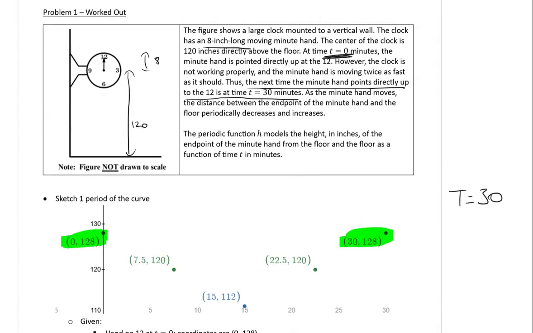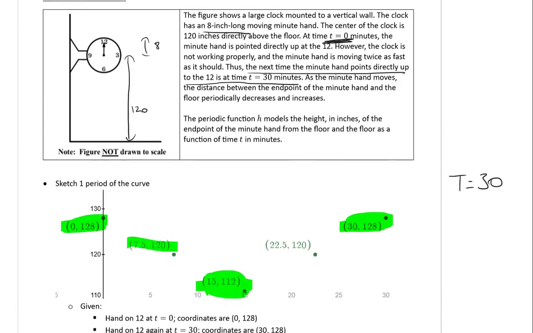And again, I'm going over this slowly because I'm showing you how to think through these, okay? And then these mids: this one is when it's at 3, this one is when it's at 9, okay? So the height is at 120. It's equal to the height at the center of the clock, right?